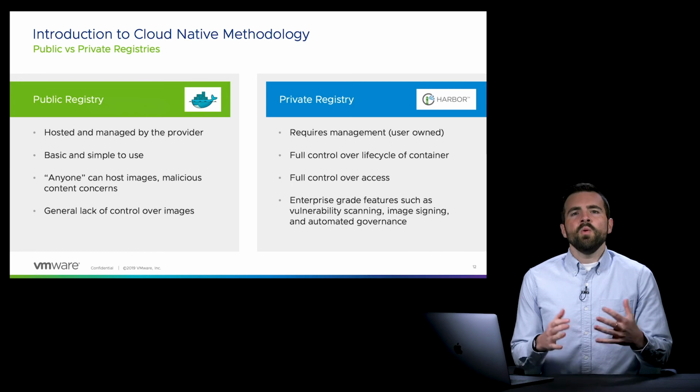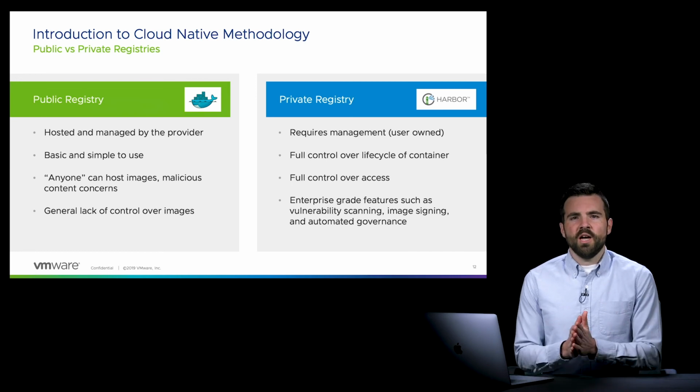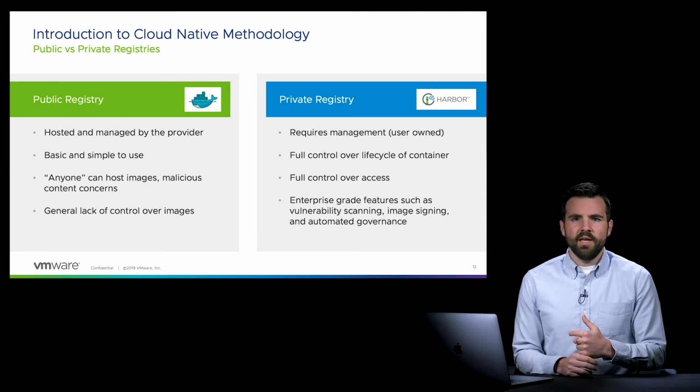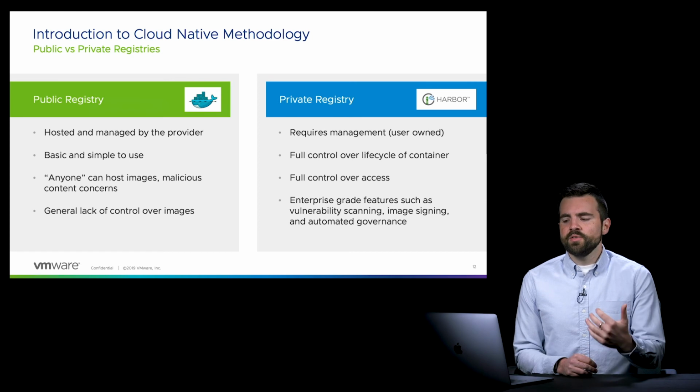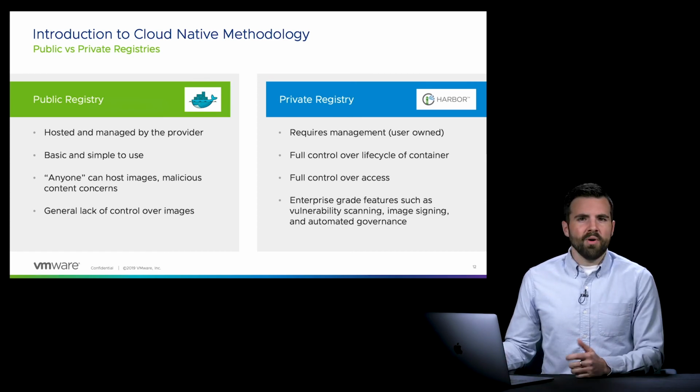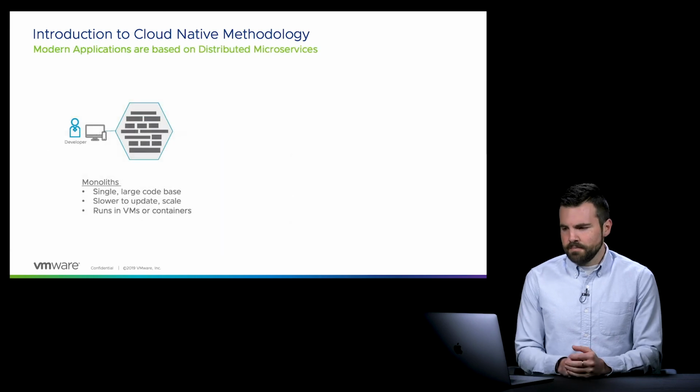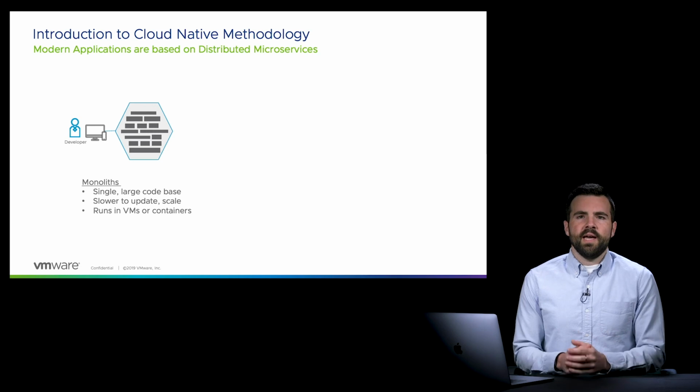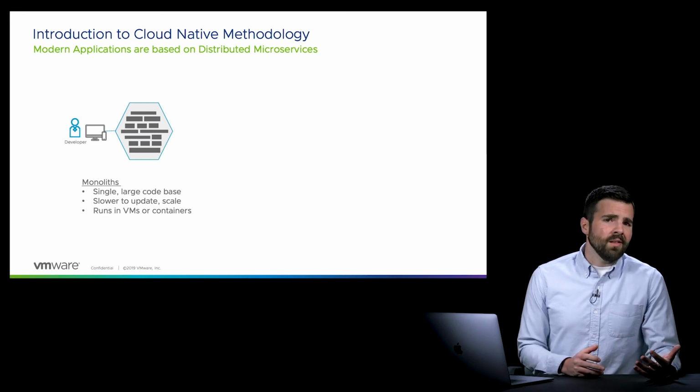This way, we have that enterprise functionality of security specs to say, if any image has a vulnerability, do not let that run in our production environment. So these are some of the features and functionality that come alongside a private registry as opposed to the public registry.